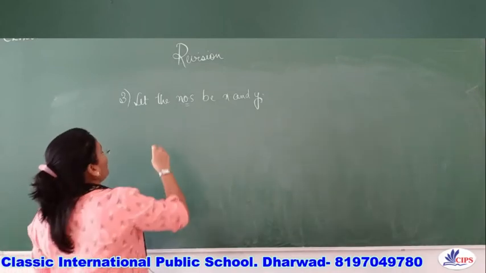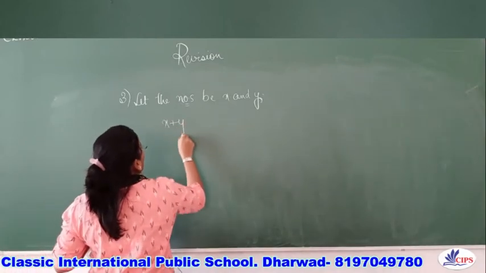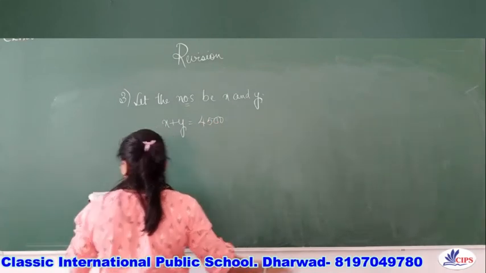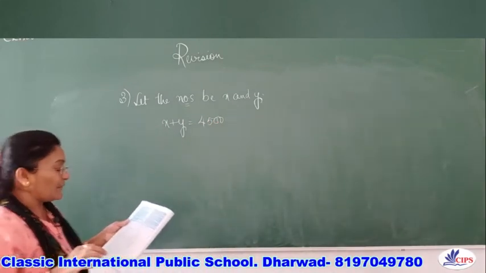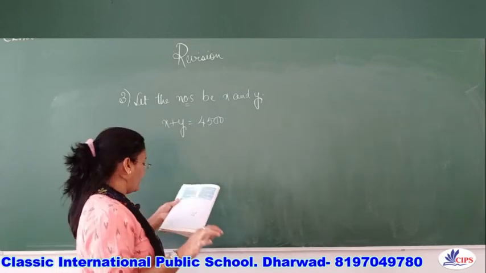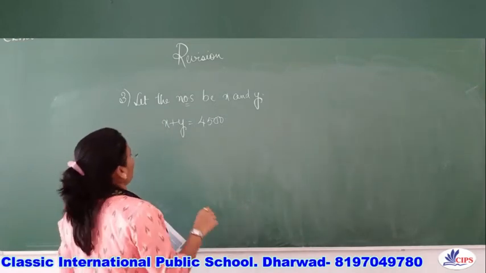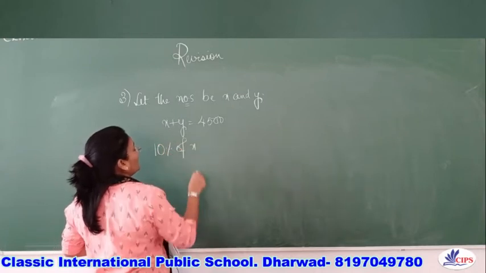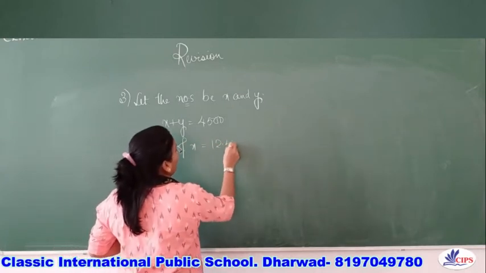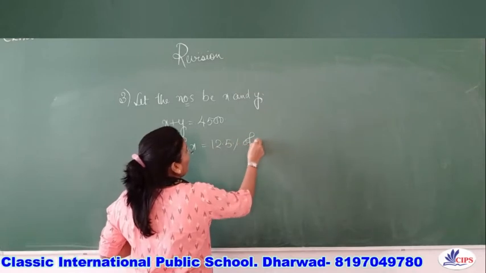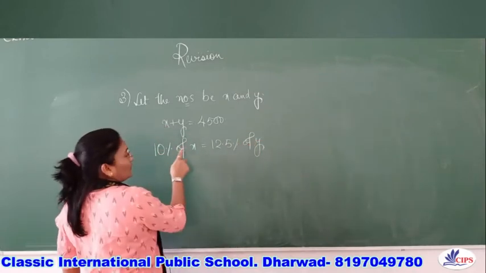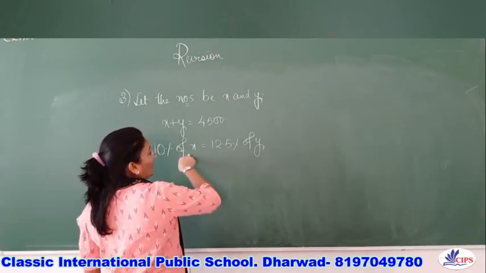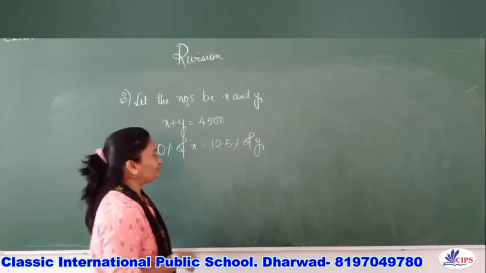Now what they have told, sum of those numbers is 4500 and they have given the relation also, isn't it? If 10% of one number is 12.5% of the other. So here 10% of x is equal to 12.5% of y. 10% of one number is equal to 12.5% of other, means one is x, the other is y.